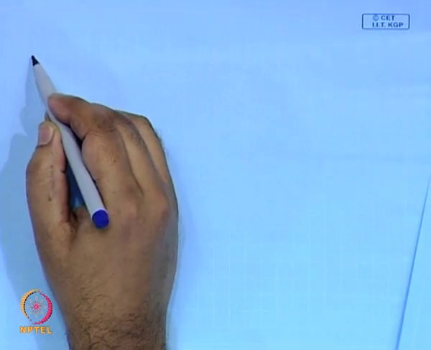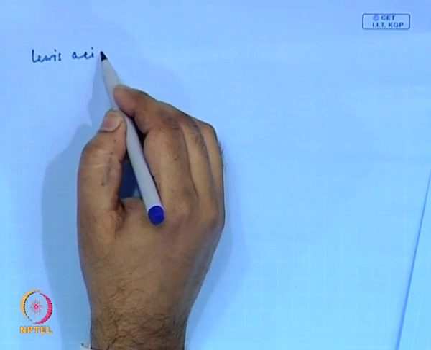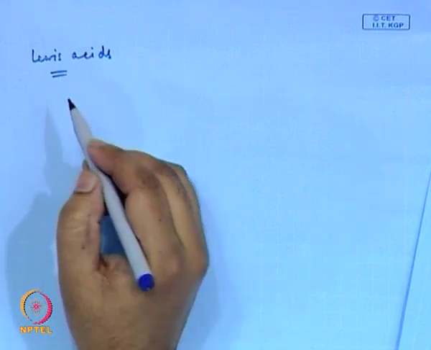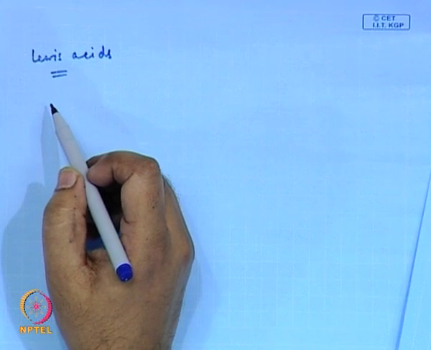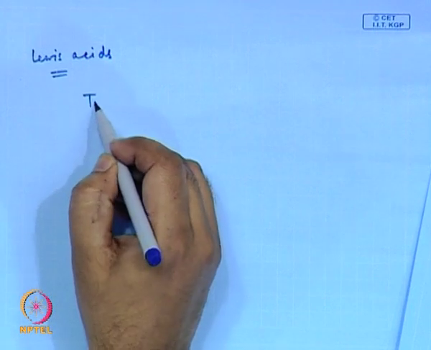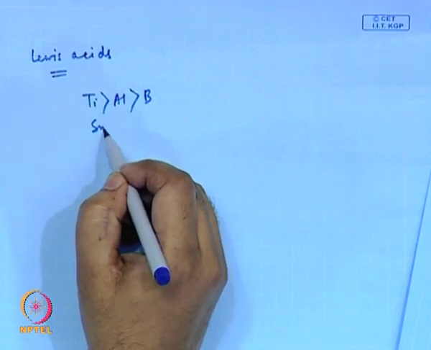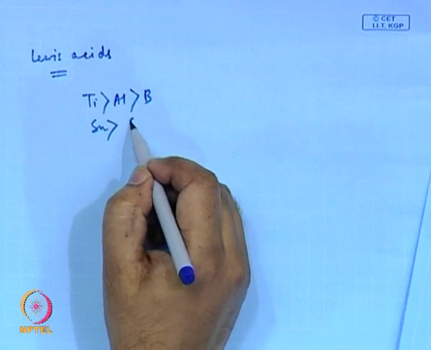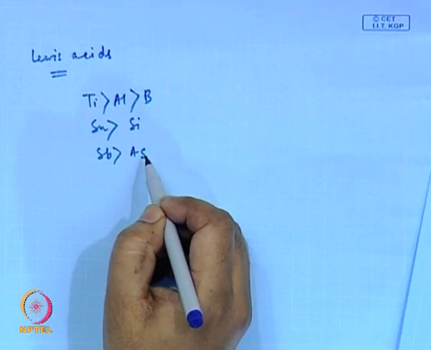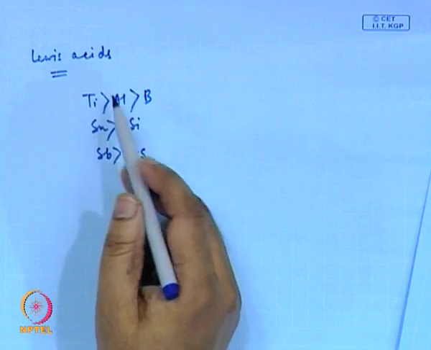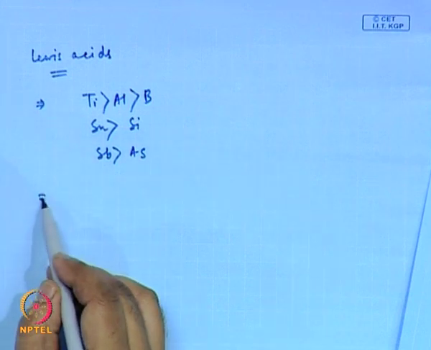How? Now, we are talking about initiation by Lewis acids. The Lewis acidity of these different metals increases with atomic number. We know that the Lewis acidity follows this order. Now, for a single metal, if I consider titanium, again the Lewis acidity increases with the oxidation number.